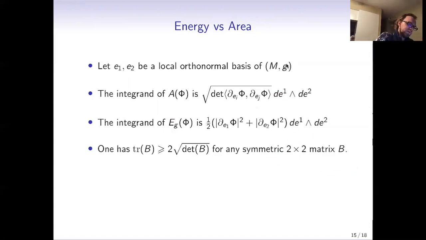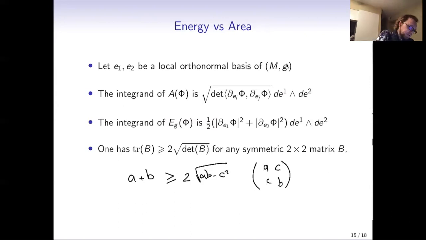Let's see why. If we take the matrix B, it has the entries a, c, c, b. What is the trace of B? The trace of B is a plus b. We're claiming it's bigger than or equal to twice the square root of ab minus c squared.